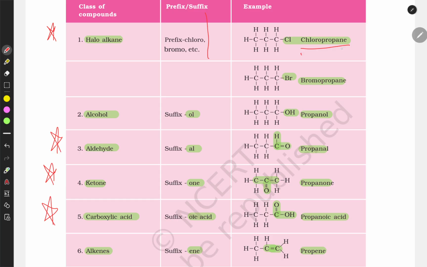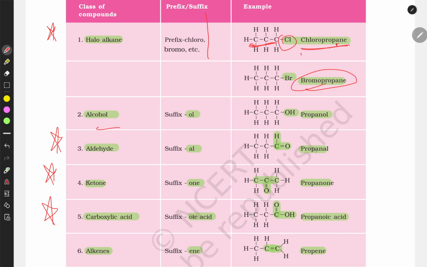This is called chloropropane. It has a 3 carbon molecule, so it is propane, and it has chlorine, so chloropropane. Why is it ANE? Because it has only single bonds, no double bond or triple bond. Bromopropane is the same thing.